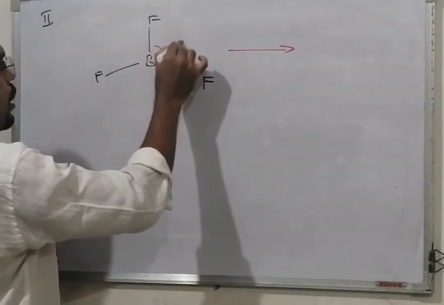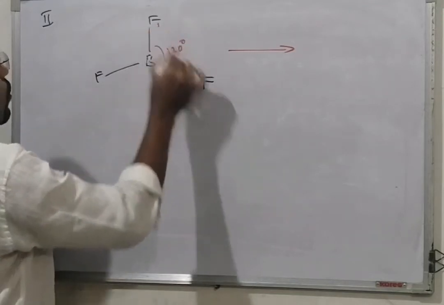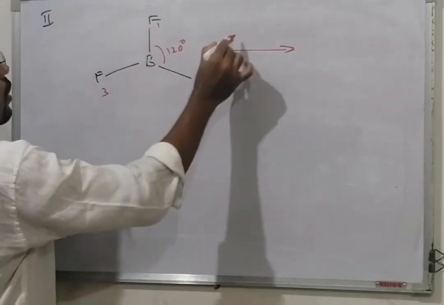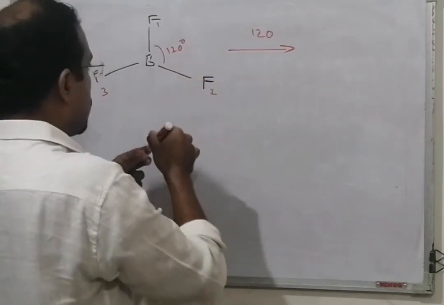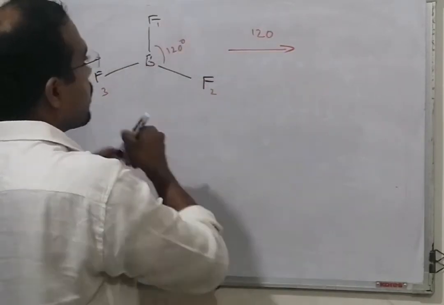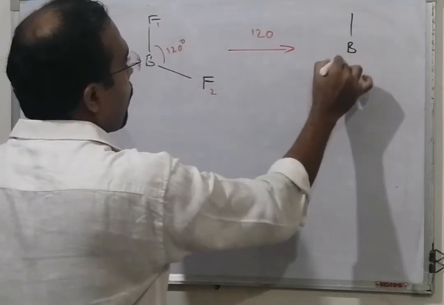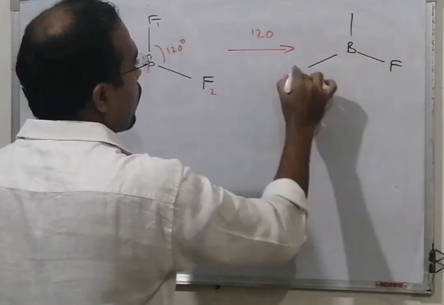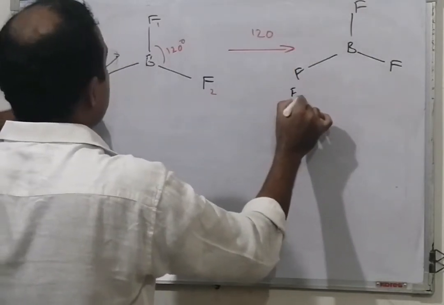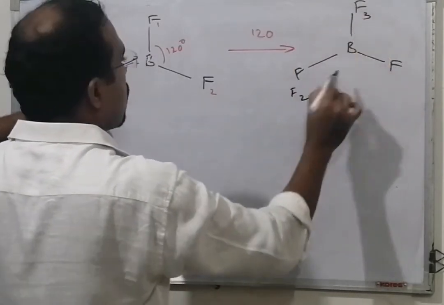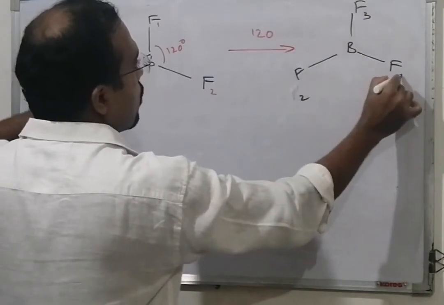This is 120 degree. F1, F2, F3. I rotate 120 degree. What will I get? When I rotate, F2 becomes here, F3 becomes here, F1 becomes here. Same.